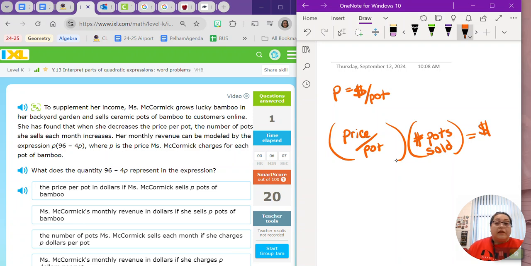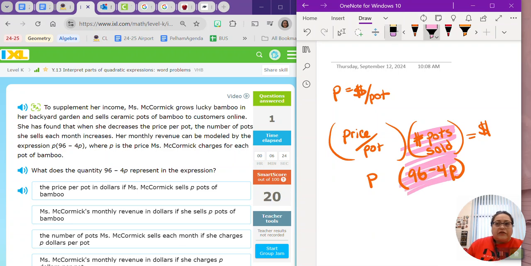Clear? So if P is this one, then 96 minus 4P has to be this one. I hope that makes sense. You have to think about what it is that you're multiplying to get that product.